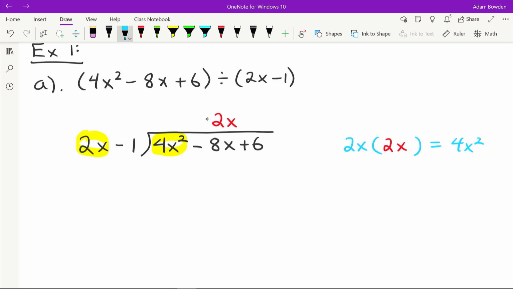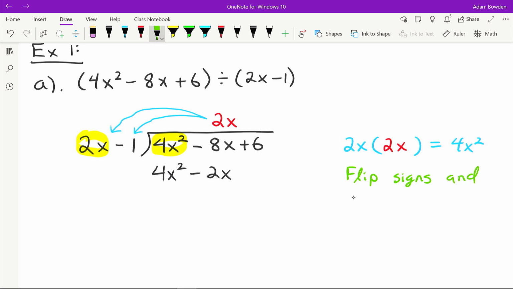And then we take that and multiply it to the 2x and the negative 1 to get 4x squared minus 2x. Now in long division, ultimately at this step we subtract, but what I like to tell people to do, and this basically is subtraction if we do it this way, is to flip the signs and combine terms together.